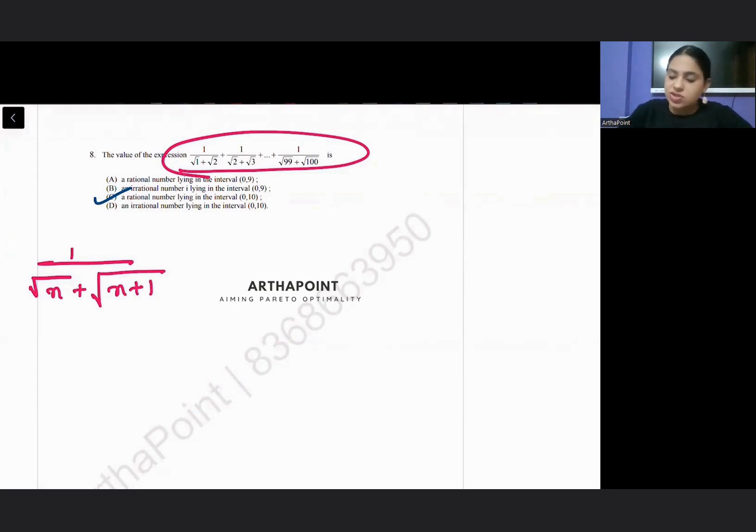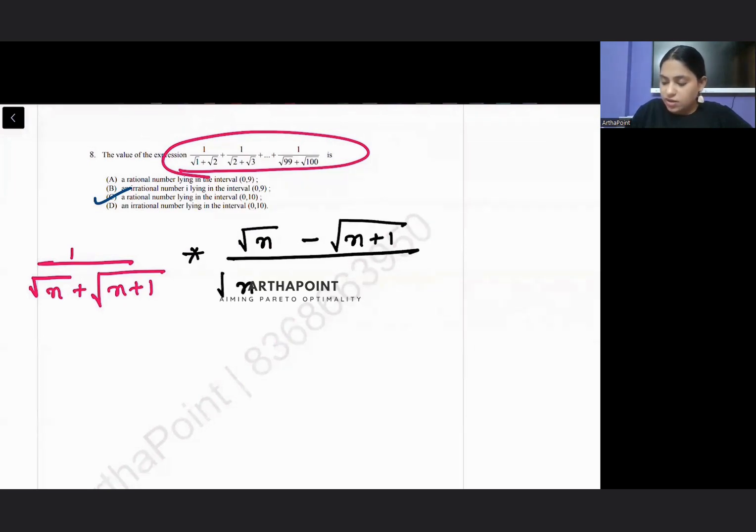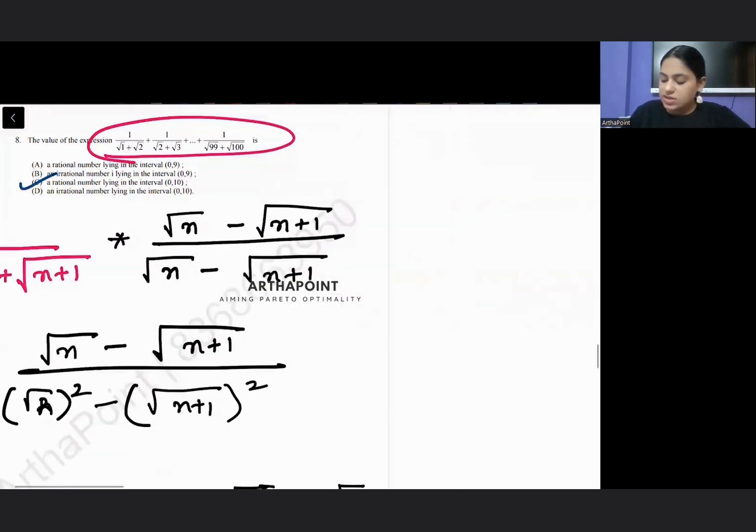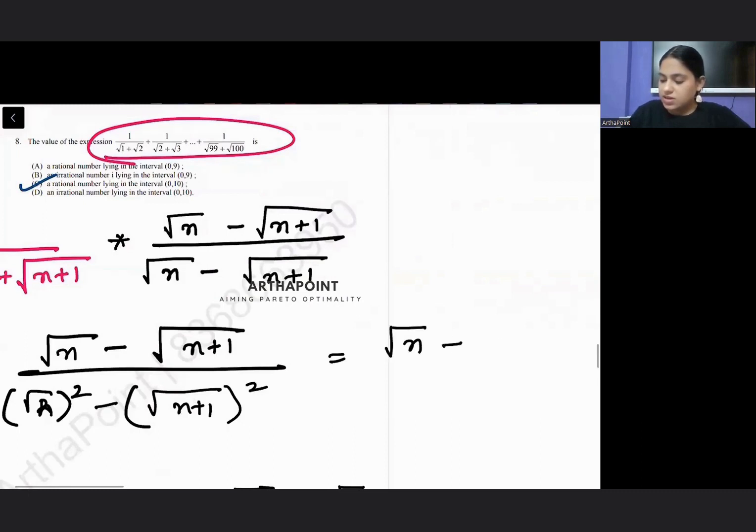So what I can do is I can just try to rationalize this thing. So I can say this is going to be root n minus root of n plus 1 upon root n minus root of n plus 1. And this will give me root n minus root of n plus 1 upon, using the property of a minus b times a plus b is a square minus b square, root n minus root n plus 1 upon n minus n plus 1.